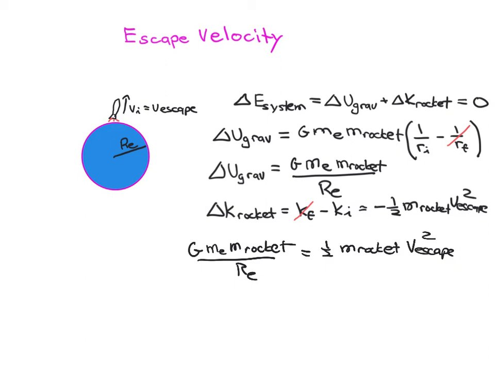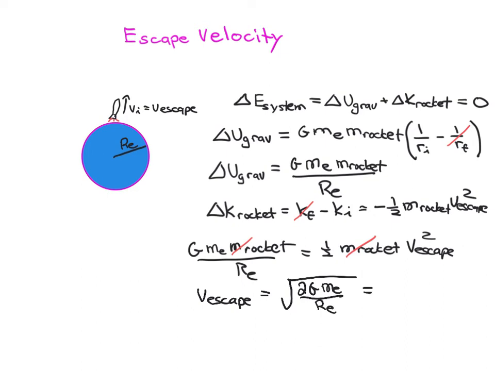And the escape velocity doesn't depend on the mass of the rocket. That goes away. And what we find is that the escape velocity is equal to the square root of 2 times G times the mass of the Earth divided by the radius of the Earth.